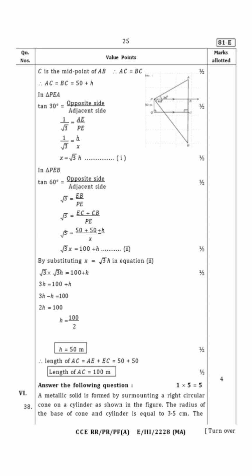C is the midpoint of AB. So AC is equal to this one. AC is equal to BC. Therefore, AC is equal to BC, that is equal to 50 plus H. This one is 50. This one is H.